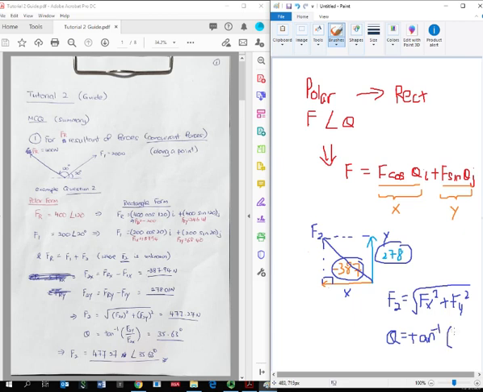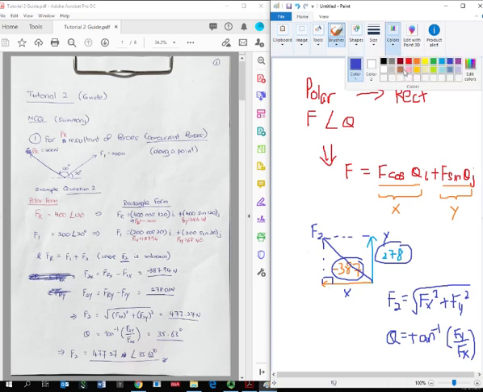Fy over Fx. And this formula is evergreen, because it's just using the same approach we are taking, right? And the angle here will be which angle?